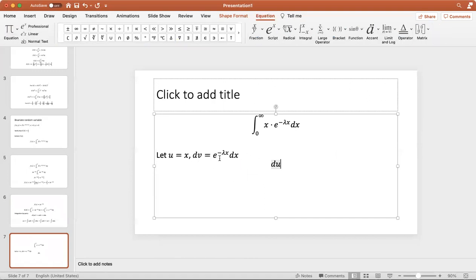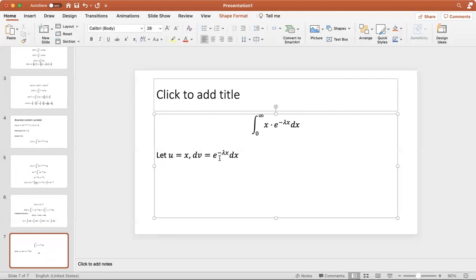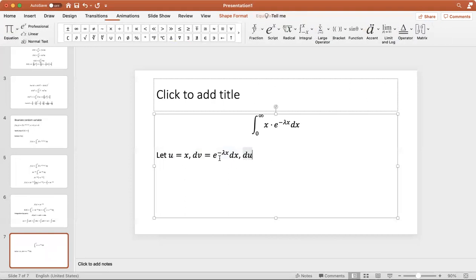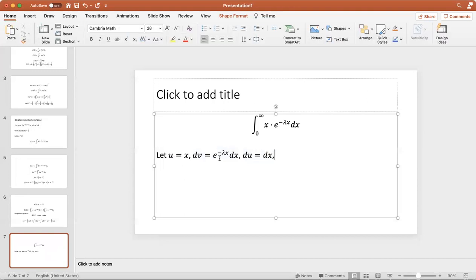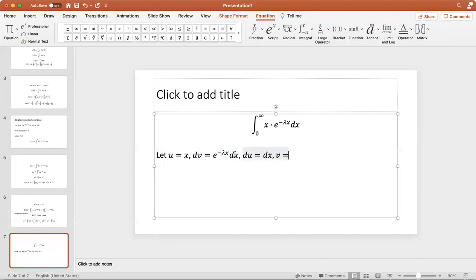So du is obviously going to be equal to dx. And v, by inspection, you'll have negative 1 over lambda e raised to negative lambda x.